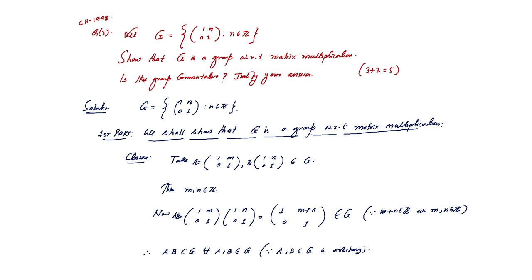Now we come to the associative property. We know matrix multiplication is associative, and G is a subset of M2(R). So by the hereditary property, we can say easily it holds the associative property. So next is for the associative property.